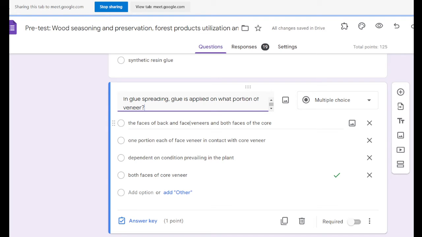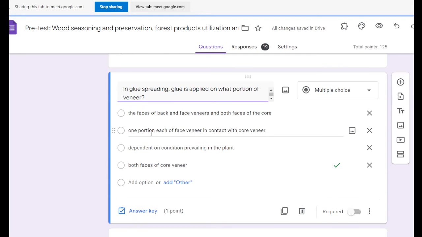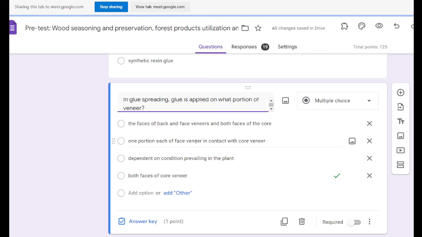Ang face veneer mao ang pinakagawas nga veneer. Ang isa ka side makita, ang other side mao ang napilit sa core veneer. So kung imong butangan og glue ang both faces, then na-glue sa gawas sa imong plywood. So that's wrong.